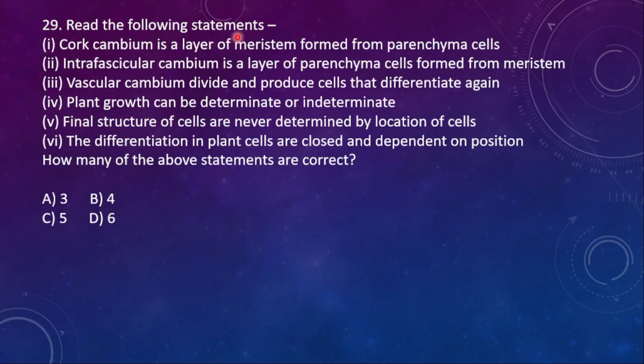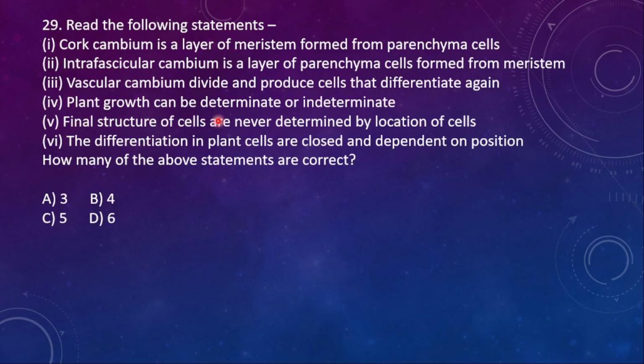29. Read the following statements. 1. Cork cambium is a layer of meristem formed from parenchyma cells. 2. Interfascicular cambium is a layer of parenchyma cells formed from meristem. 3. Vascular cambium divides and produces cells that differentiate again. 4. Plant growth can be determinate or indeterminate. 5.